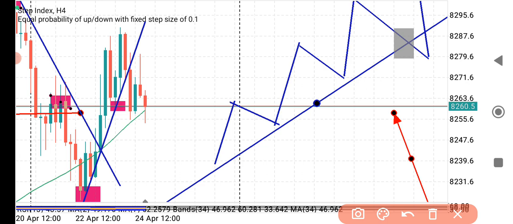And this is the scenario I'm trying to explain, that there is a candle that breaks out here that takes away this liquidity. So the smart money players still have an order left behind here.